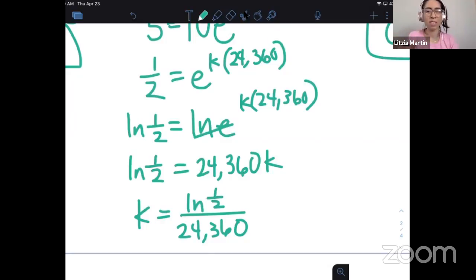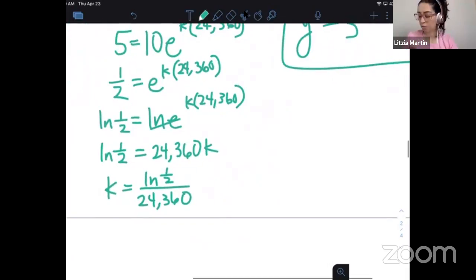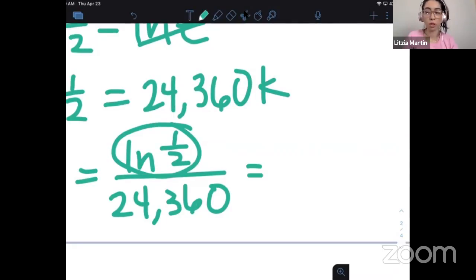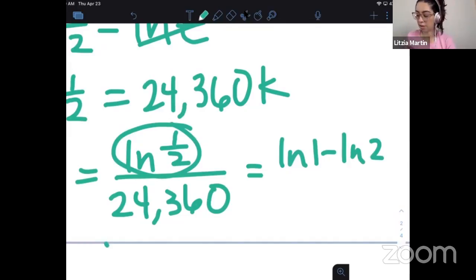Even though it looks kind of messy because it's kind of big, you technically could simplify this further, because ln of 1/2, if you use your log properties, would be ln 1 minus ln of 2. But like I said, we're going to just end up plugging everything into the calculator anyway.